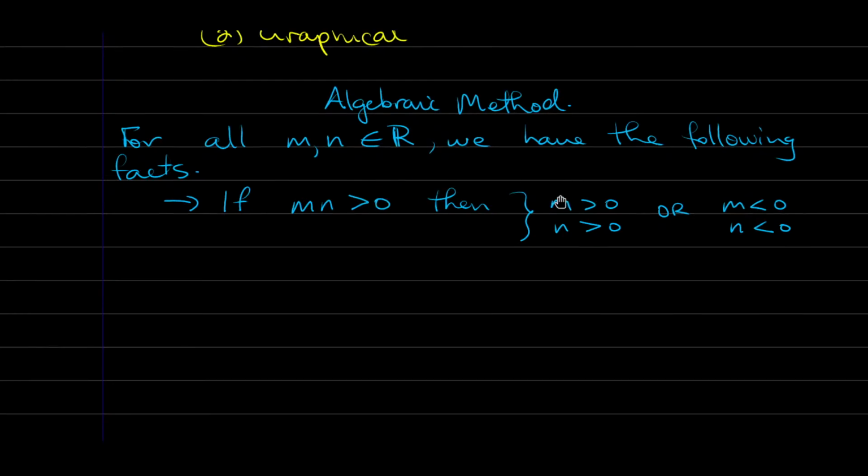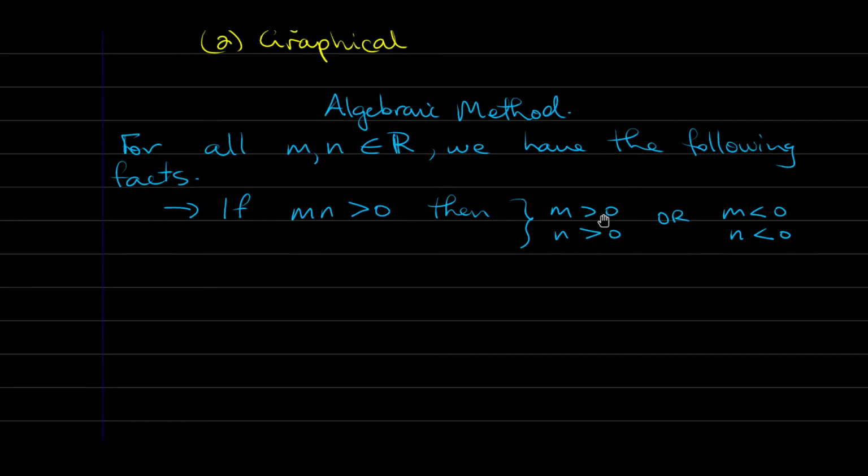So if m is positive and n is positive, multiplying m and n will give me a positive, meaning greater than 0. If m is negative and n is negative, multiplying m by n is going to give me a positive, right? And that's really how you think about it. The product gives me something greater than or equal to, less than or equal to, in the case such that this here fits a condition. That's literally all I'm listing right now.